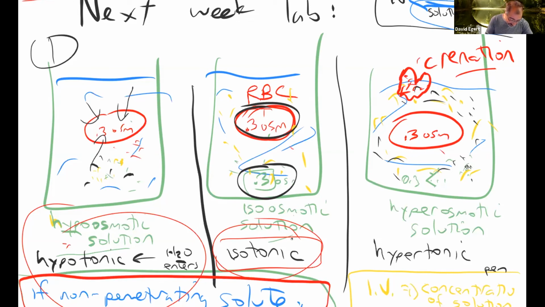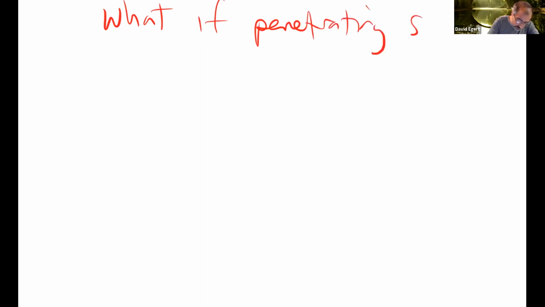In the case of a non-penetrating solute, anything hypoosmotic is hypotonic, isoosmotic is isotonic, hyperosmotic is hypertonic. But what if it's a penetrating solute? Here we're going to see something really kind of weird happening.